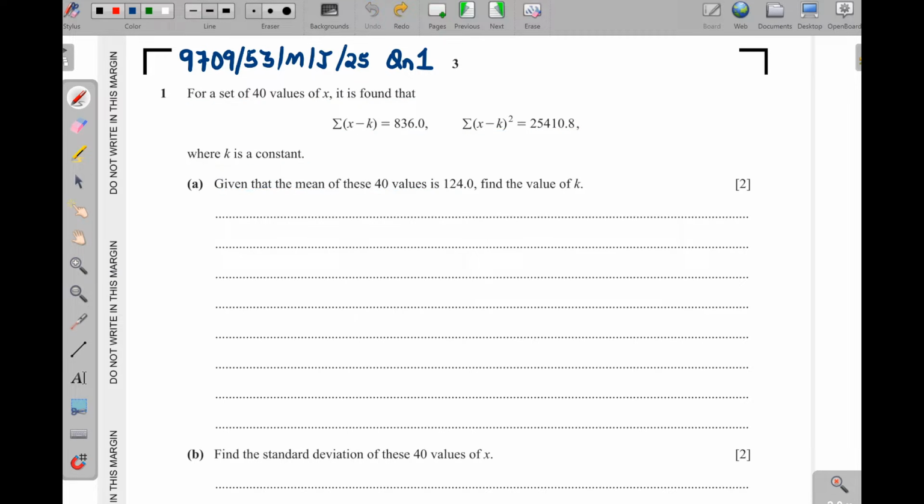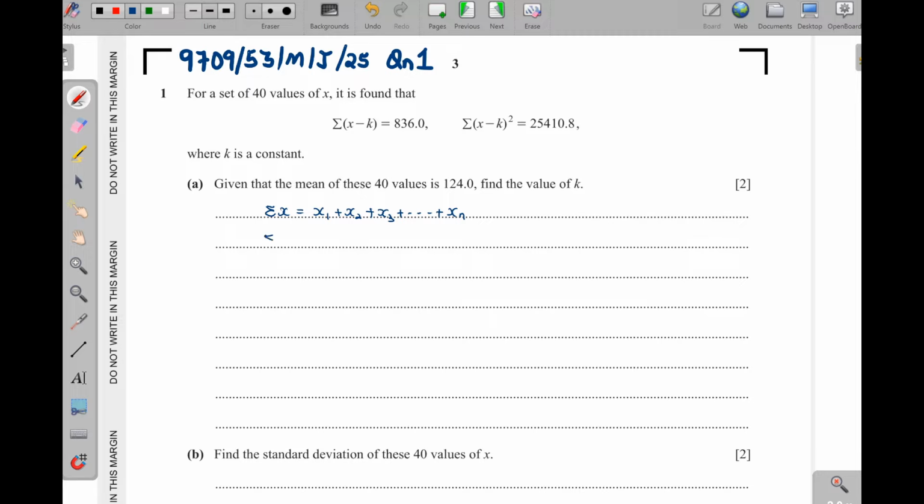Now, I want to take you through a process, and then I show you how this summation of x minus k is connected to the summation of x and then the mean, okay? Now, suppose I have x values, and then we say summation of x is equal to x1, then x2, x3, and many others, up to, let's say, xn.